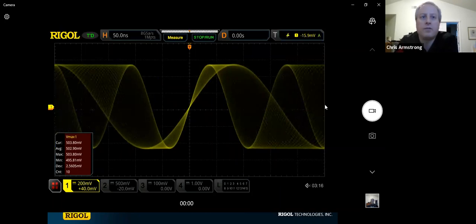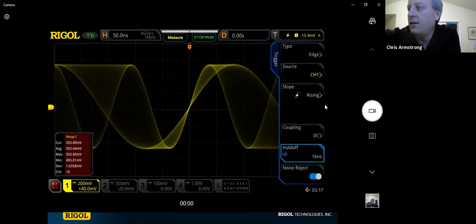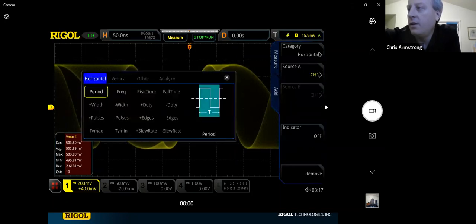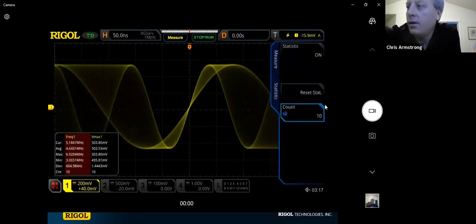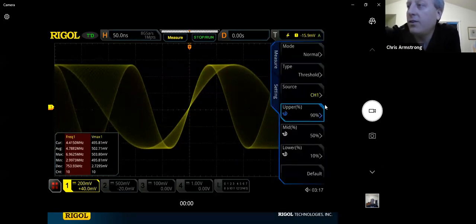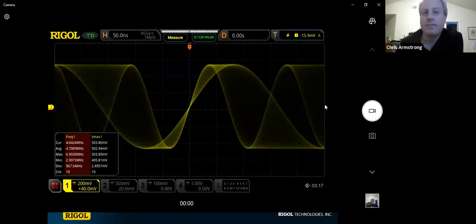Sorry, you can see that frequency modulation that way too. And if we wanted to, we can turn on some of the precision measurements to look at the frequency. These are touchscreen now too, so you're watching what I'm doing. Statistics are on. I want to go ahead and turn on precision measurement mode. That gives it a look at the deeper data for making those frequency measurements.